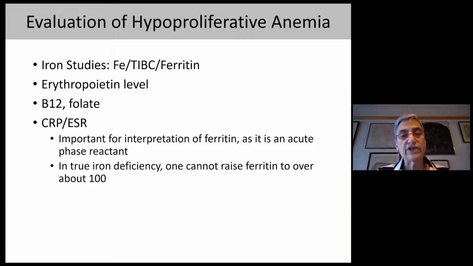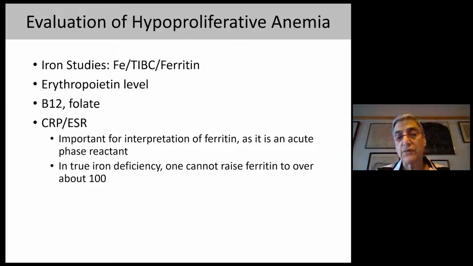B12 and folate are usually associated with macrocytosis or megaloblastic changes, but because people who have nutritional defects in B12 may also have nutritional defects in iron, it is helpful to know if the B12 level is normal. Finally, I usually include assessments for inflammation, a CRP or a sed rate, mostly because it's very important for the interpretation of the level of the ferritin.